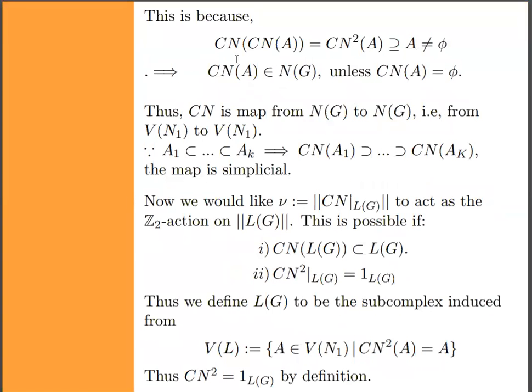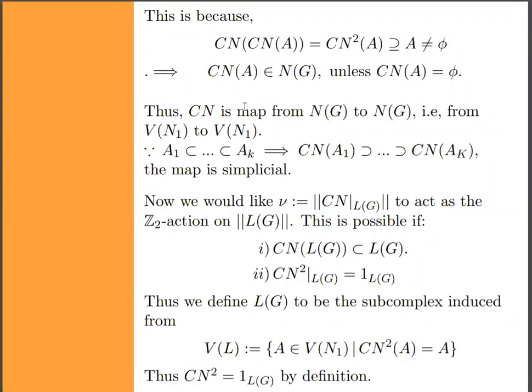This is because if you apply Cn on Cn of A, we get that it is non-empty, since this is Cn squared of A, A is contained in it and A is non-empty. So unless Cn of A is empty, we get that Cn of A is contained in N of G.